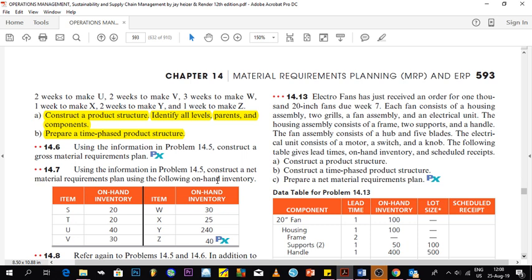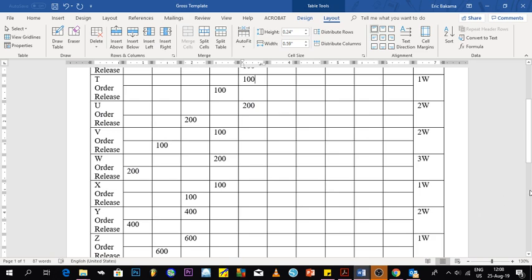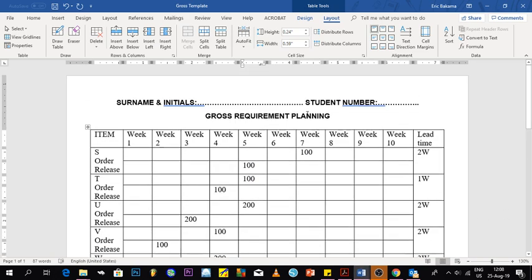The gross requirement plan tells you the number of units that one needs. Remember that this just tells us that if we need to produce 100 units here, we need to start here, and so on. It doesn't consider the capacity on hand.